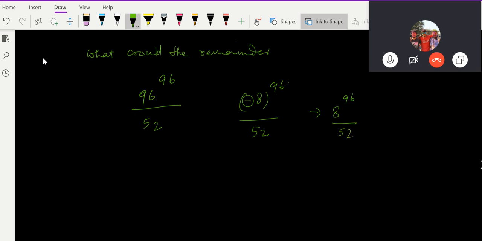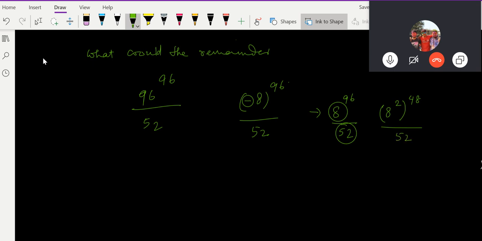Now I have to get 8 to the power something which would be very close to 52. What is that number? 8 squared is 64. So 64 by 52.